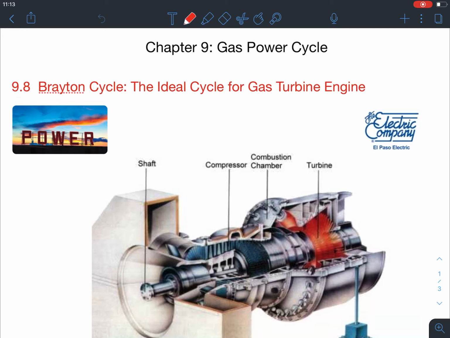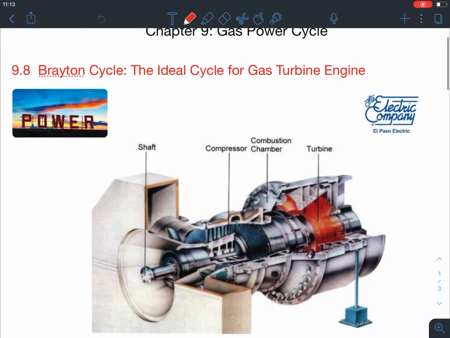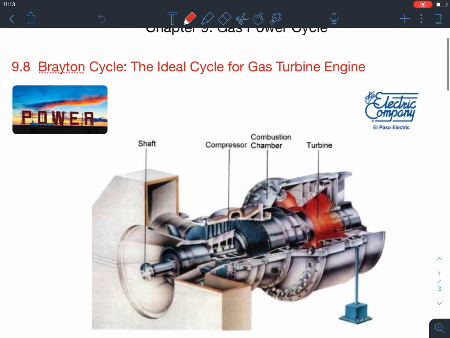Before discussing the Brayton cycle in depth, I would like to give you a little bit of background. The Brayton cycle is also known as the gas turbine cycle. The gas turbine cycle is mostly used in power plants, and I'm pretty sure some of you are familiar with the power plant next to Sunland Park, El Paso Electric.